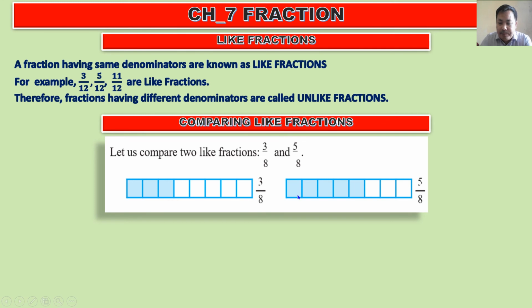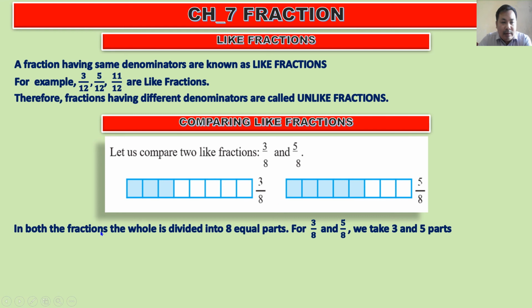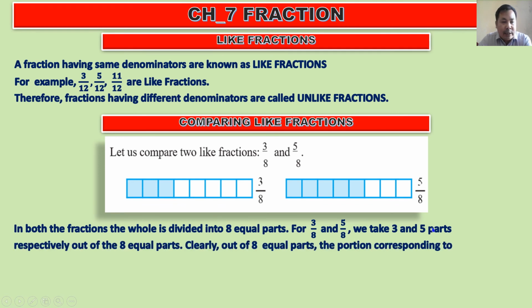In both fractions, the whole is divided into 8 equal parts. For 3 by 8 and 5 by 8, we take 3 parts and 5 parts respectively out of 8 equal parts.